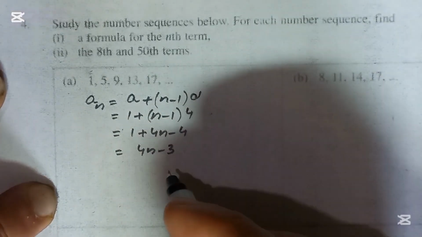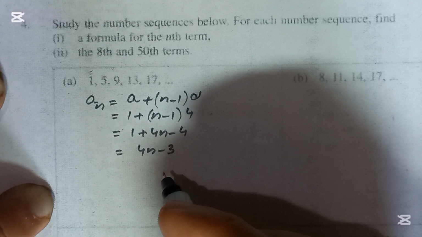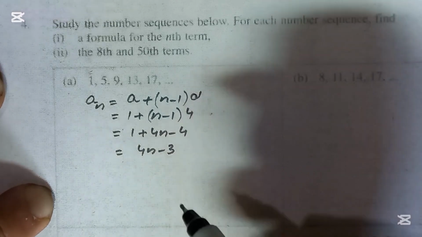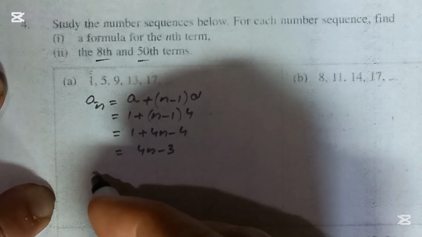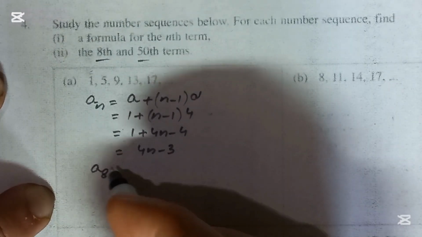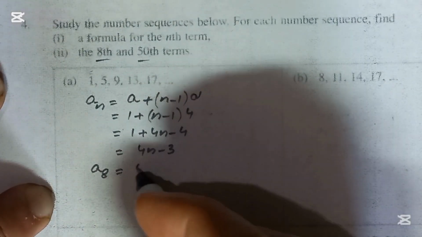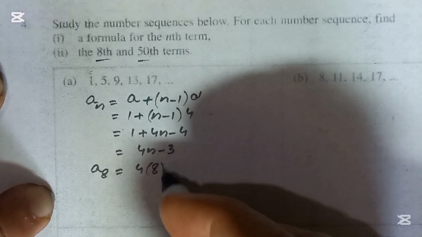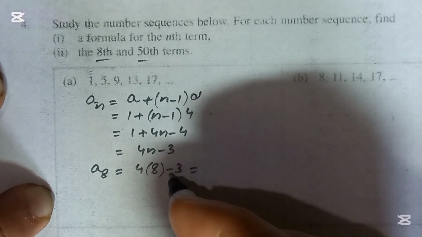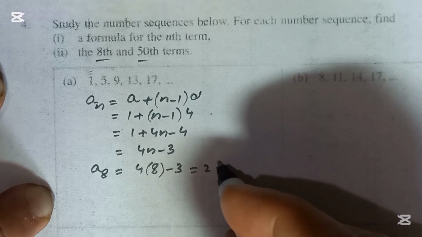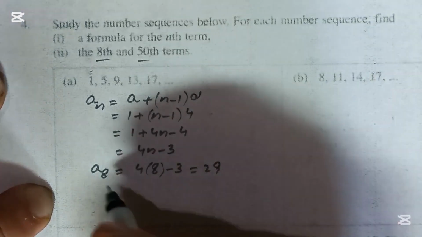So this is the nth term of this question, and after getting the nth term we can find any term in the sequence. For example, if the 8th term is required, 8 will be placed in place of n, so 4 into 8 minus 3. 4 eights are 32, minus 3 makes 29, so 29 is the 8th term.